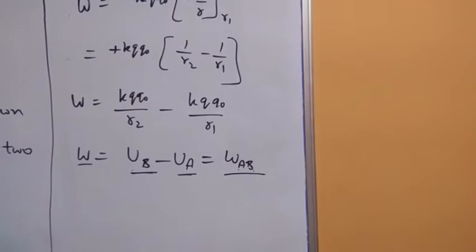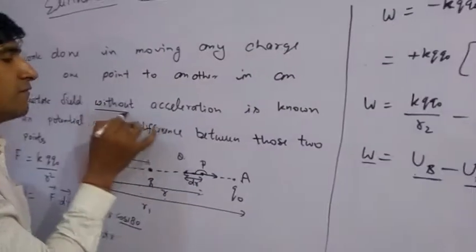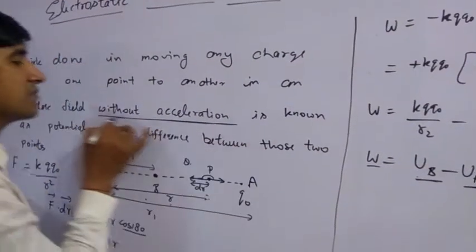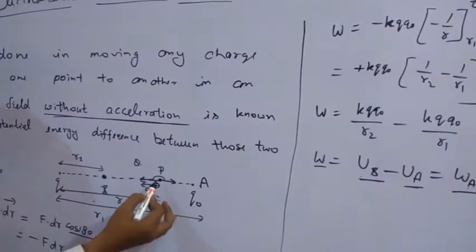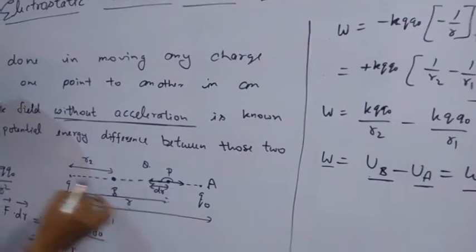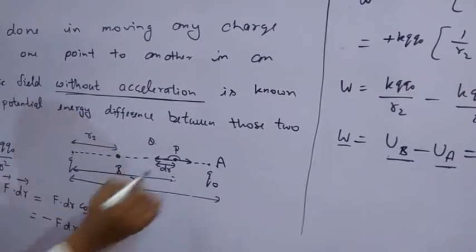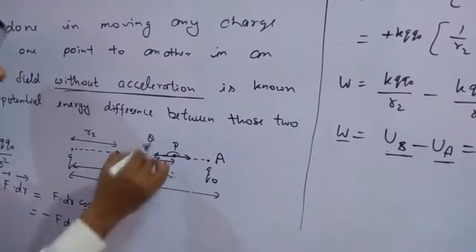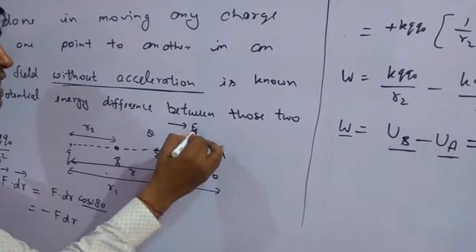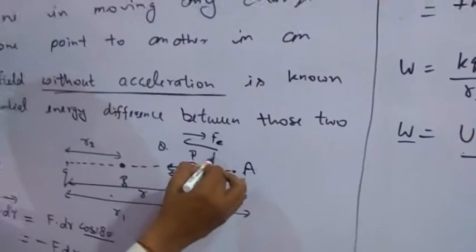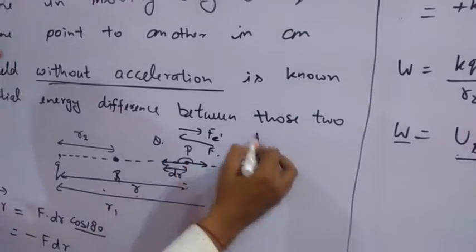Here, mind it, I have mentioned the word without acceleration, means we are taking this charge in this electric field without acceleration. How does it become possible? Because at this point the force is electric, that is Fe, and we are applying some force, that is F, that should be numerically equal.